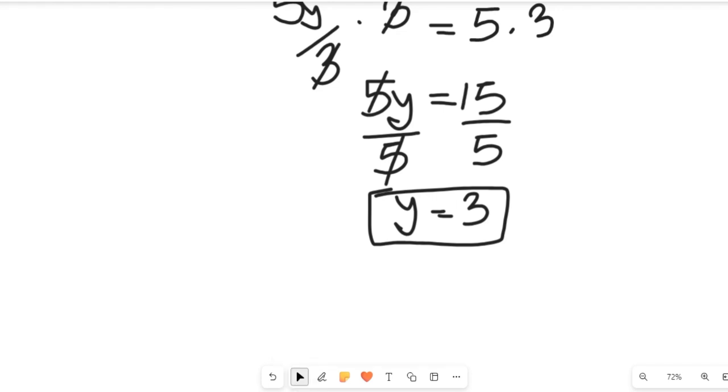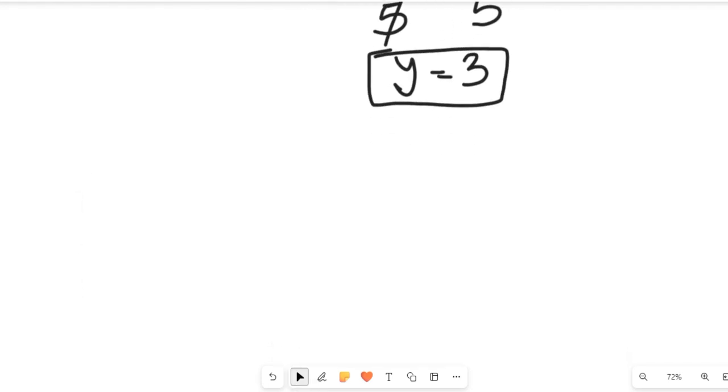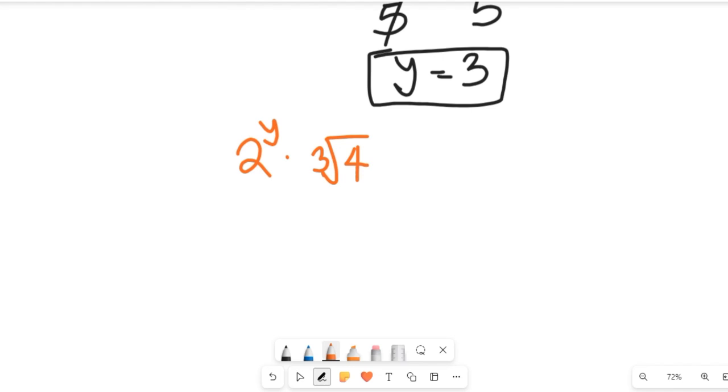Now let's check to find out if our solution is absolutely right. Remember the initial equation we're given: 2 to the power of y, multiplied by the cube root of 4 to the power of y, will it be equal to 32?